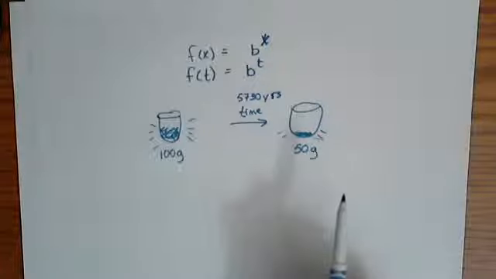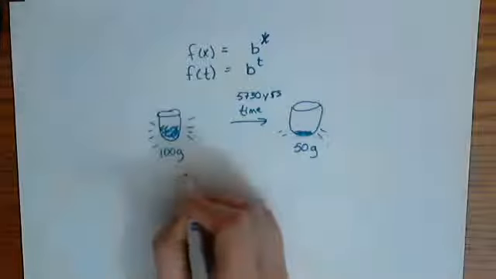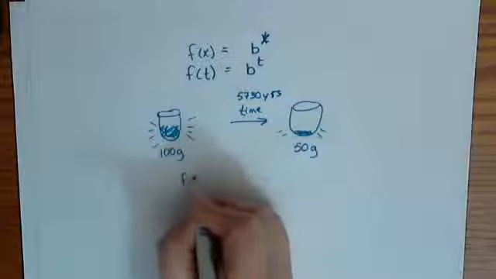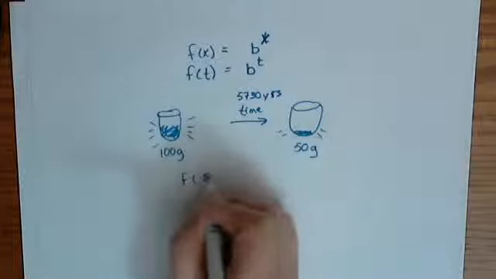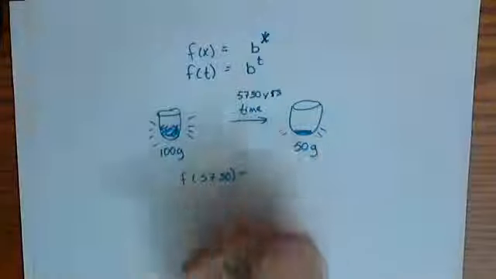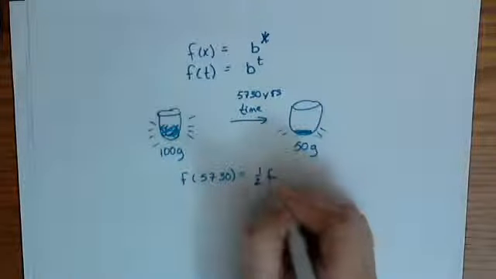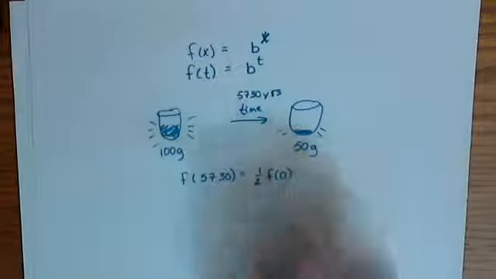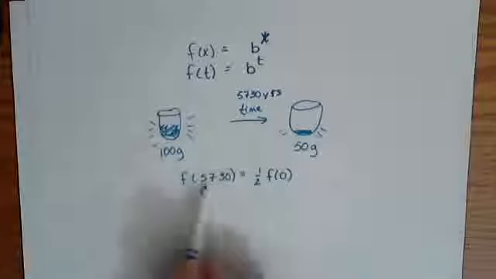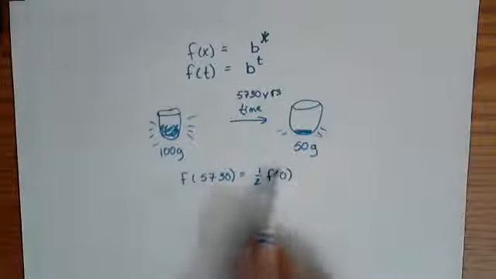So how do I set this up and how do I figure it out? Well, let's think about it a little bit more. I know that if I have a function of time where it's 5,730 years, that's going to be exactly 1/2 of the value when time is 0, right? Because the answer I get here will be exactly half of what I started with.